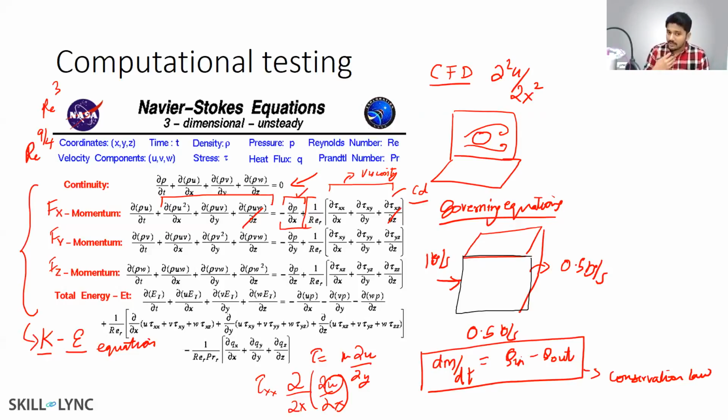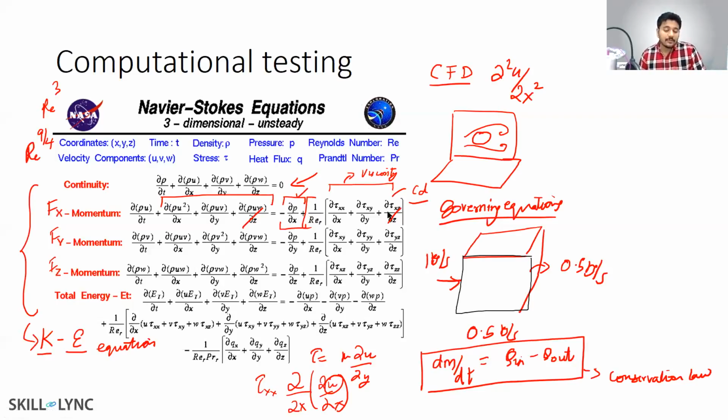Remember that you're using a turbulence model because you don't have any other way. Especially if you're running simulations for flow over an airfoil or flow over a truck, it is impossible to get that type of resolution. Impossible. For the next 30 years at least, I don't think you will be able to do it. Anyway, moving ahead. Make sure that you understand Navier-Stokes equations, and only then you will be able to get into CFD and understand it properly.